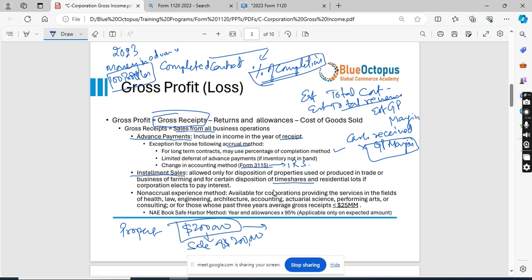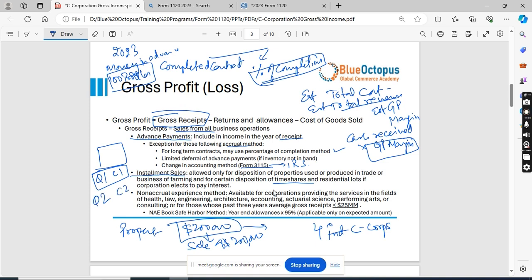Let's say four individuals, or not individuals here because we are talking about corporation, let's say four C corps are coming together and buying a property. So if four C corps are buying a property and they have decided that for the first quarter C corp 1 will be having the possession of their property, that company might do whatever they want.